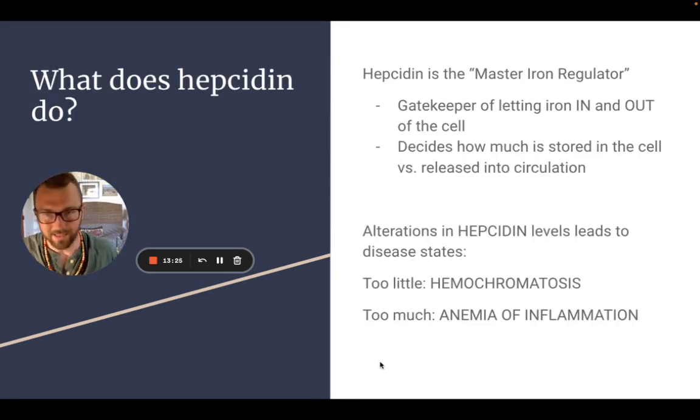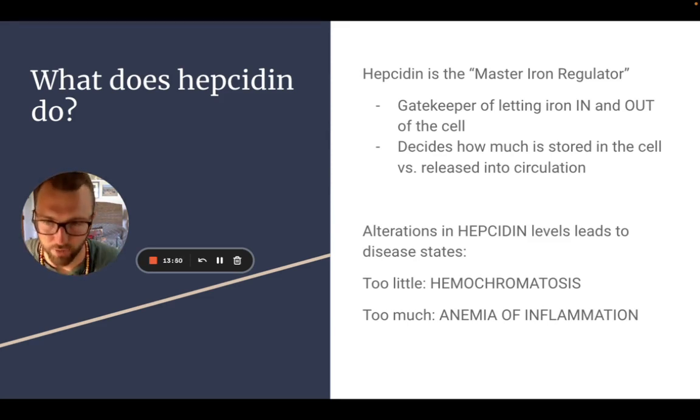So what does hepcidin do? Hepcidin is like the warden of the iron prison yard, right? It is the gatekeeper of letting iron into the cell or out of the cell. It is the one determining what balance looks like at any point in time. So it's deciding what's stored in the cell and what's being released into circulation, right?